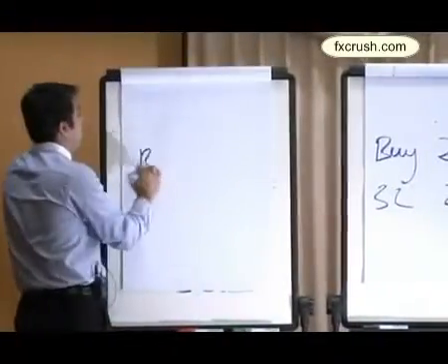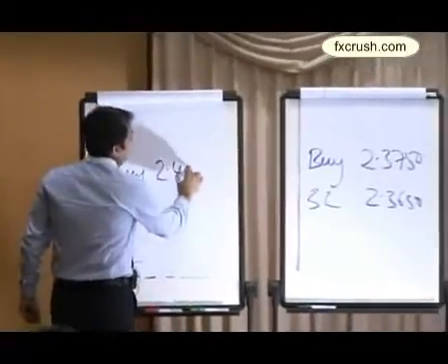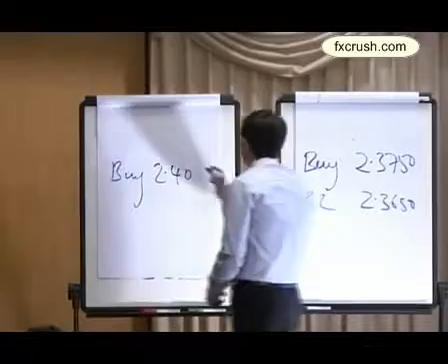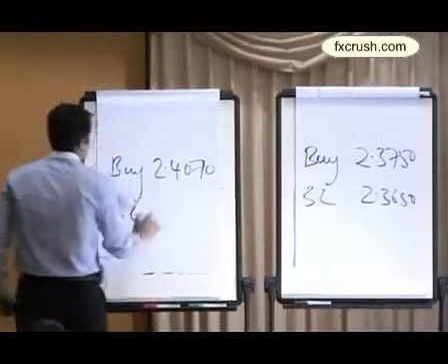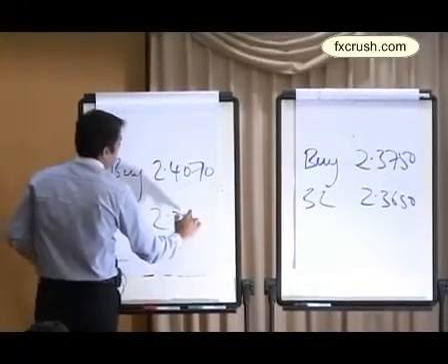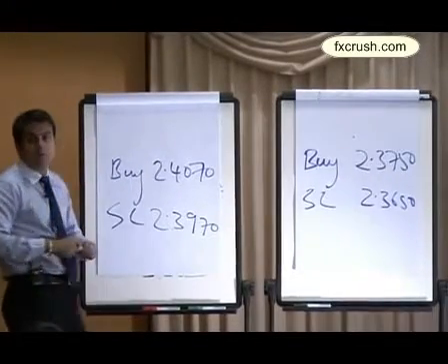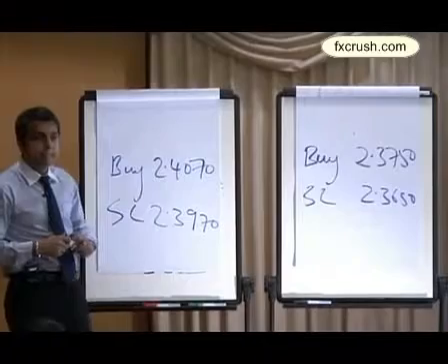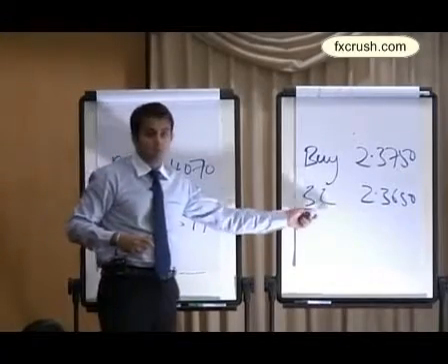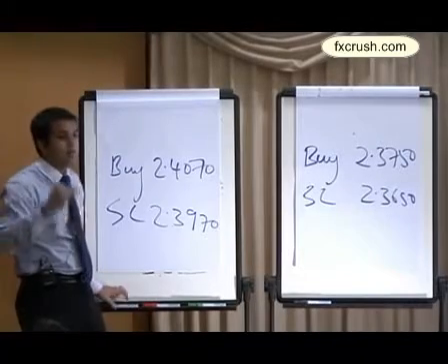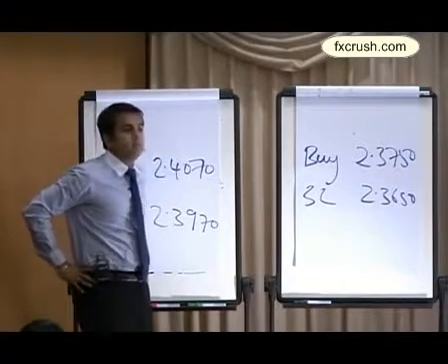But when you buy at 2.4070, your stop loss will be 2.3970. Are you with me? You can't use this same stop loss. Got it? So whatever is your entry price, 100 pips below that will be your stop loss. Clear?